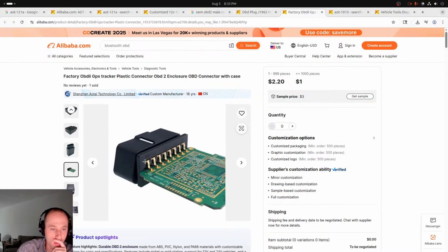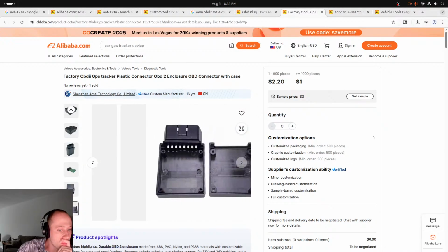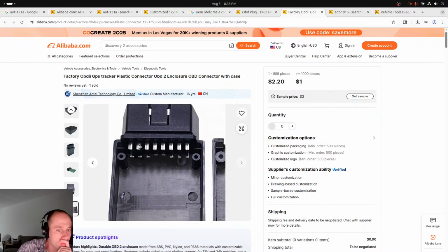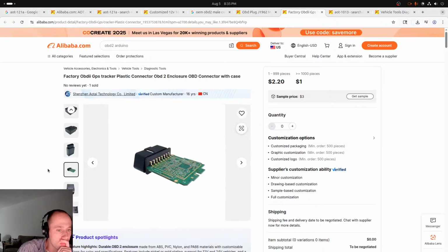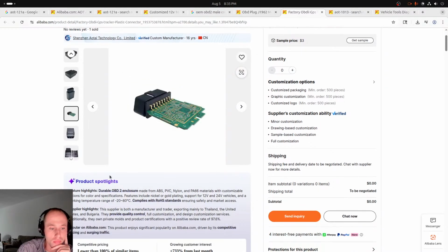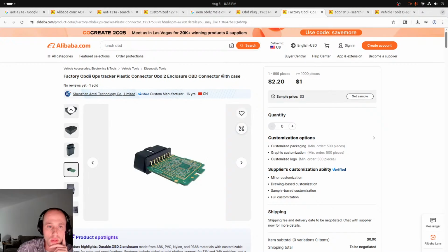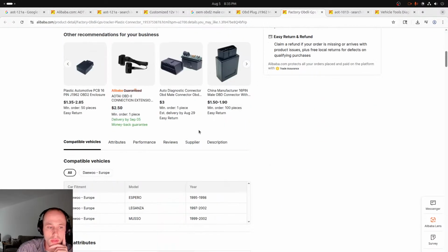It doesn't have the leads going down and in. Yeah, that's going to have to be clarified. Like, what connector does it come with?